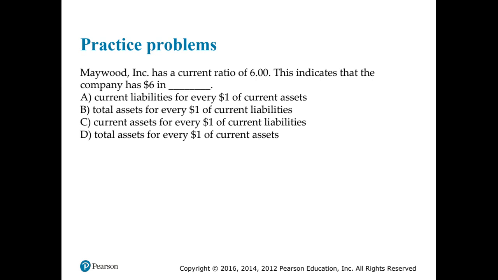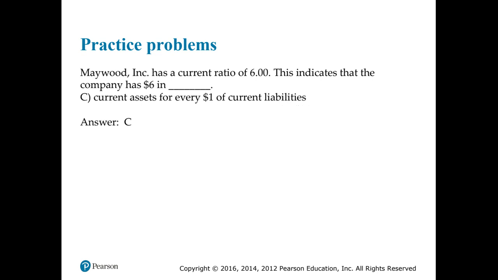So your current ratio is saying you have X for every $1 that you have in your current liabilities. Like we mentioned earlier, a previous company that we were just looking at had $1.50 for every dollar of liabilities because of their current ratio.